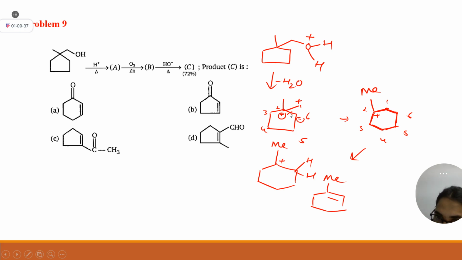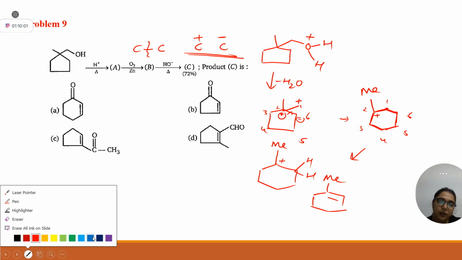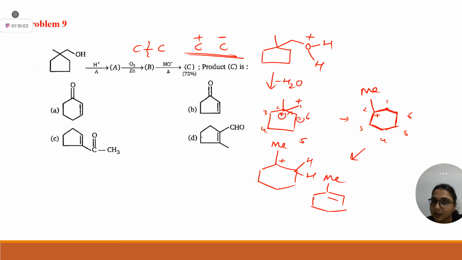If this bond breaks, it will become positive, negative. In a carbon-carbon bond, if heterolytic cleavage takes place, one will become C positive, one will become C negative. Clear? In the same way it has happened here. Just say yes or no, students. If not clear, I can explain. Yes, ma'am, clear. Good.